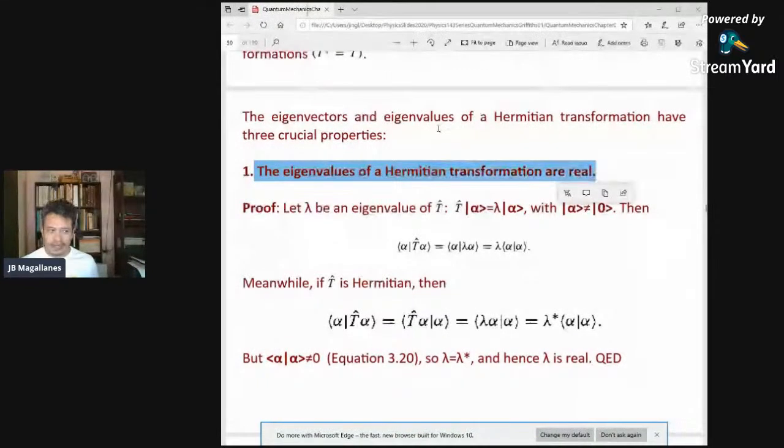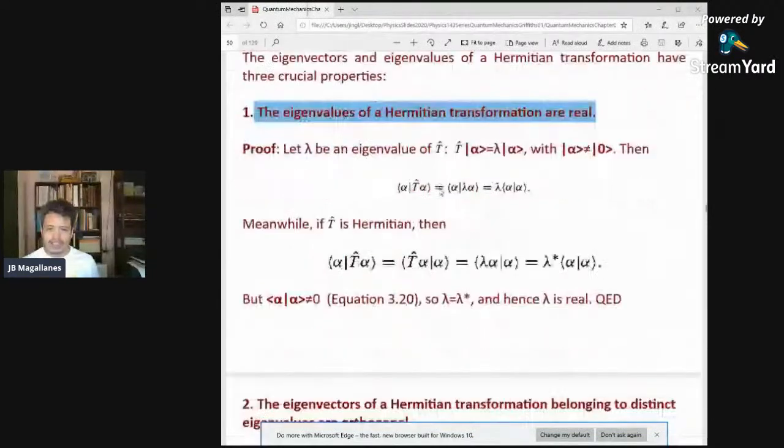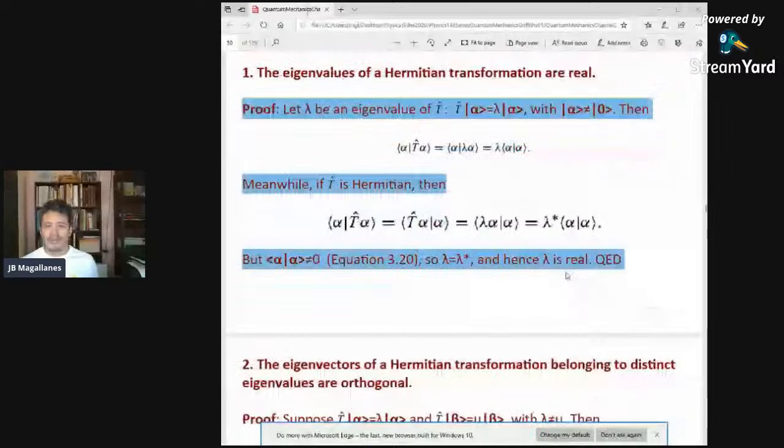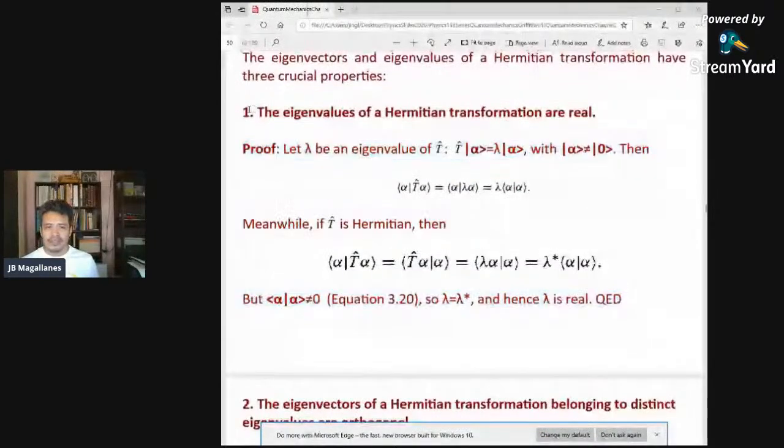It doesn't contain the square root of -1 or i. You can see the proof here, but just deal with this statement. The eigenvalues of the Hermitian transformation are real. The proof is very short, but just deal with this.